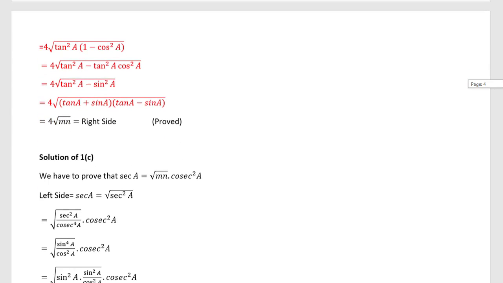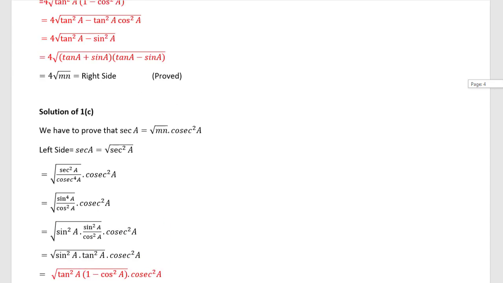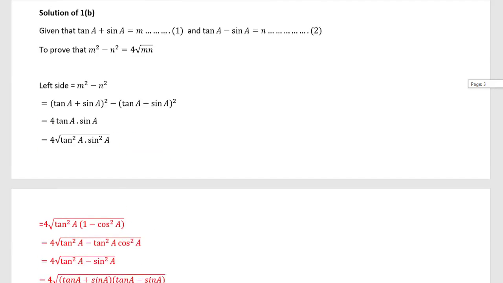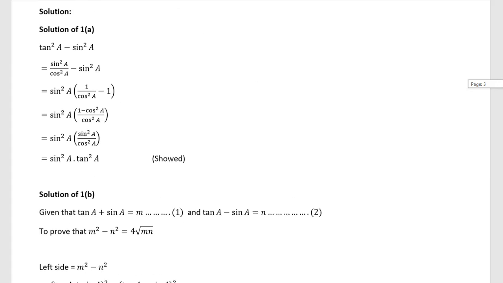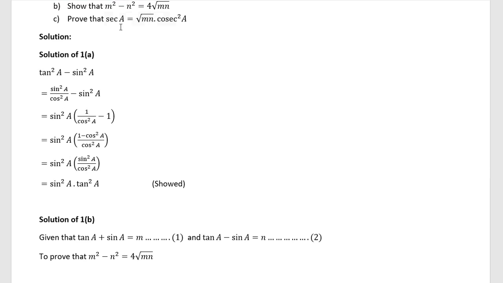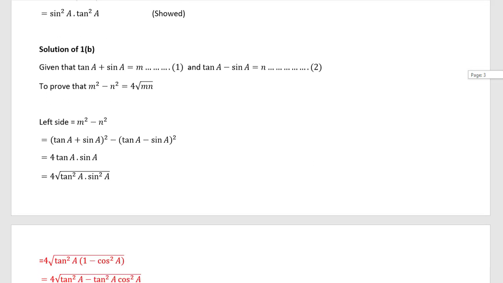And now we are going to solve question number C. Question number C is: prove that sec a equals root over mn into cosec square a. Now we are going to solve this.